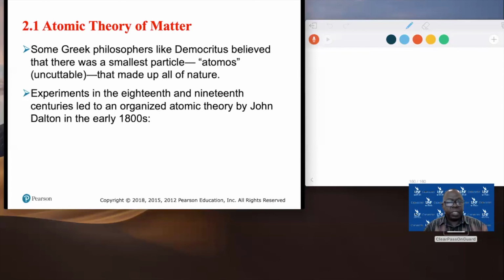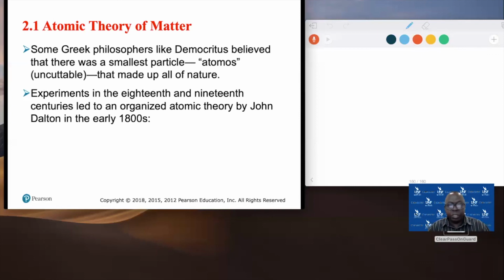Created or destroyed. Everybody can recite that. It's pretty straightforward. How? It's because in a chemical reaction, it is the rearrangement of atoms. You do not destroy atoms. You just take this, form this.